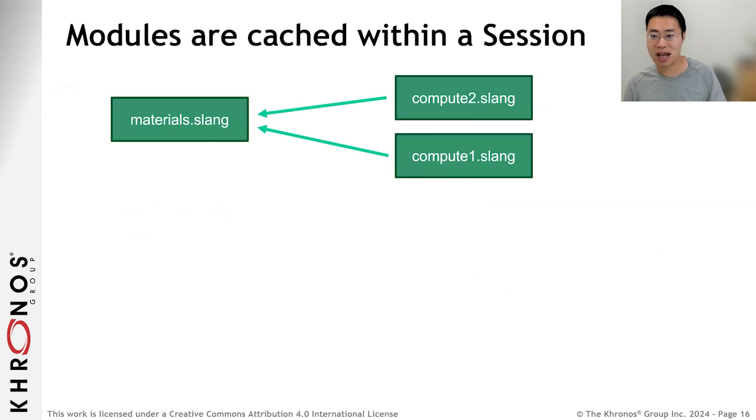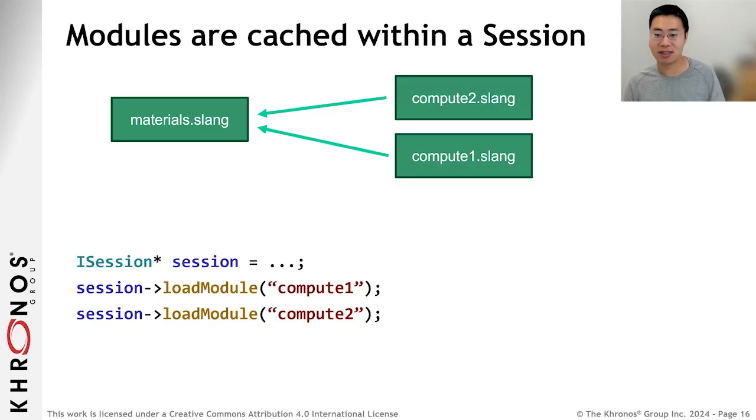And another important aspect of modules is that they are cached within a session, once loaded. Let's say we have a very small engine that comprises 3 modules, the materials module and compute 1 and compute 2 modules that both import materials. Now let's say we want to compile compute 1 and compute 2 to SPIR-V.